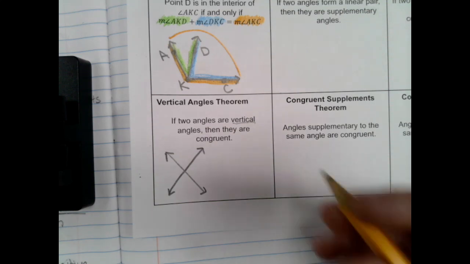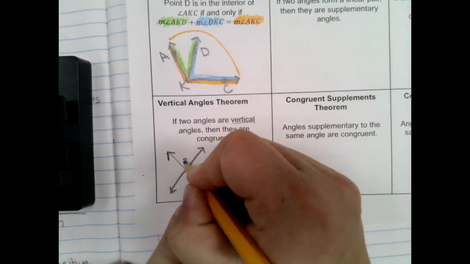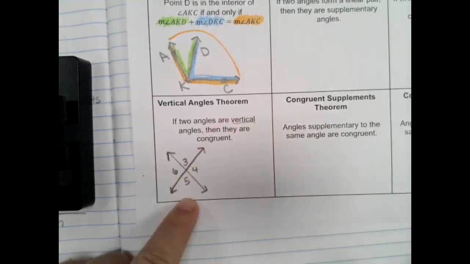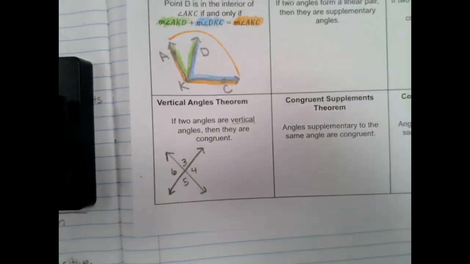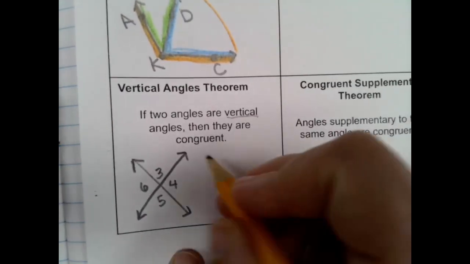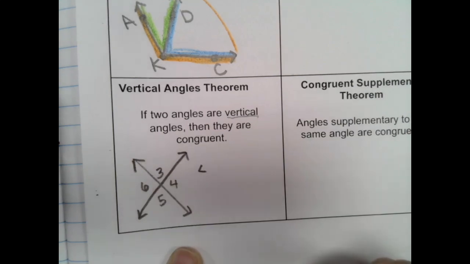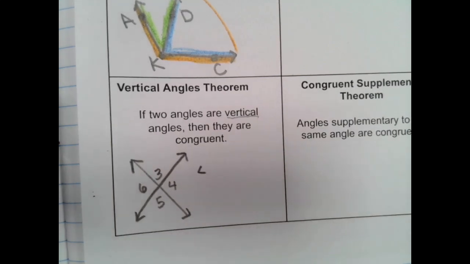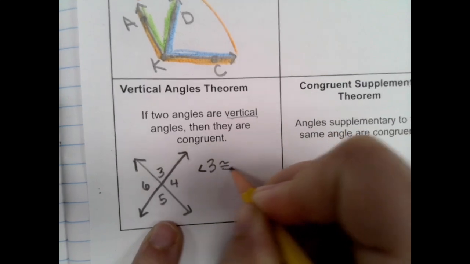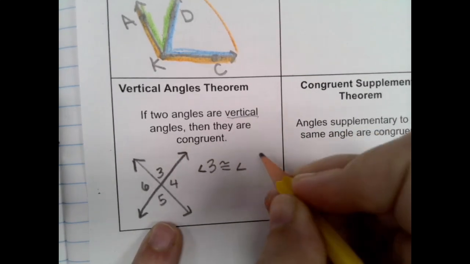So we'll say angle 3, 4, 5, and 6. I don't know why I started at 3, but my brain just did. So which angles are going to be congruent here? Angle 3 is congruent to angle, what's the one across from it? 5. Those are vertical angles.